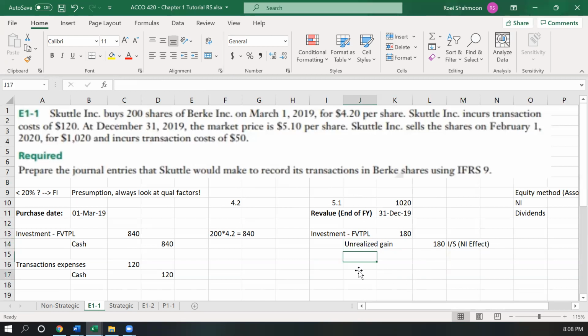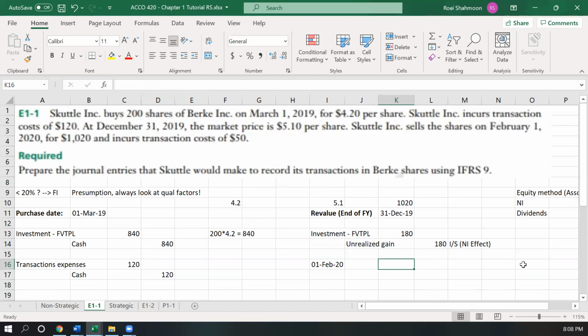Now, I just want to say one thing here. Be careful with the dates. Sometimes they'll give you something like, oh, February 1st, 2020, the market price was $6. And some people will say, oh, $6, so I have to revalue from 4.2 to 6, and this is my entry. No. Look what I wrote here, guys. You revalue at the end of the fiscal year.